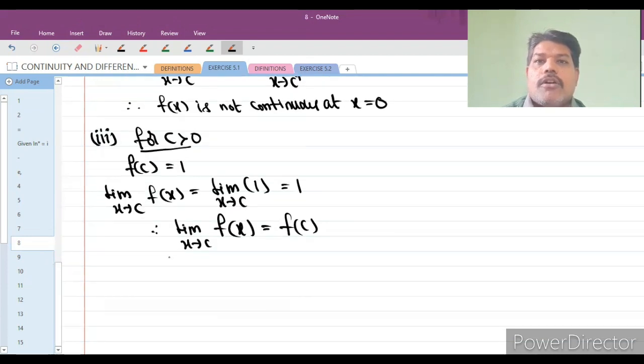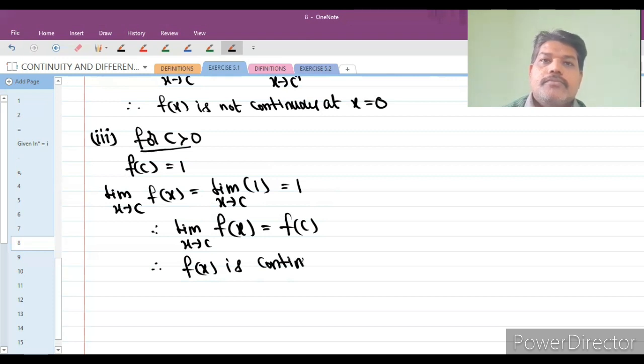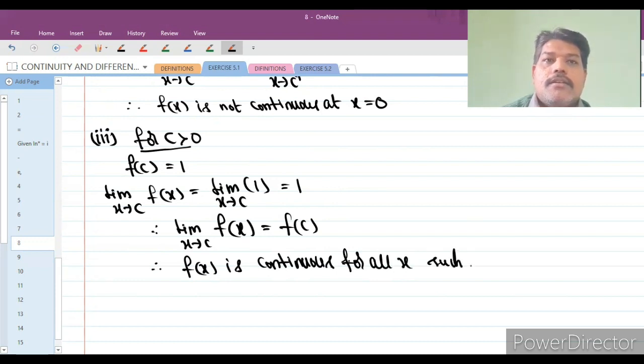So therefore f of x is continuous for all x such that x value is greater than 0.